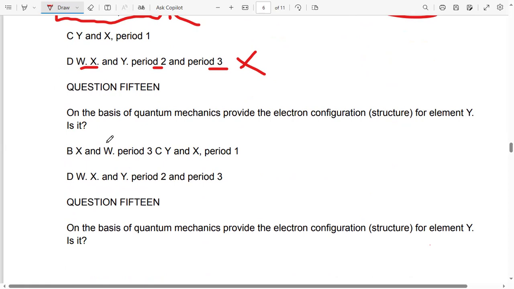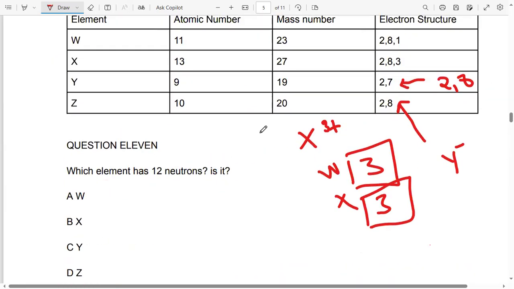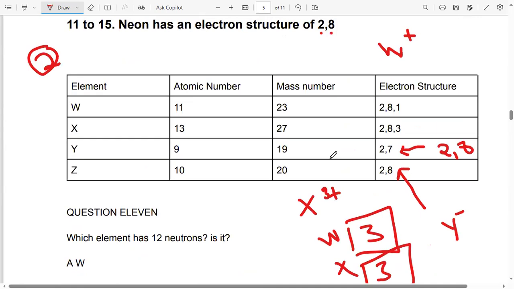Question number 15 says, on the basis of quantum mechanics, provide the electron configuration for element Y. So let's go to element Y. We are providing the electron structure for element Y. This is element Y here. What would be the electron structure?